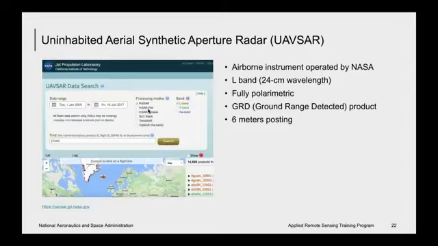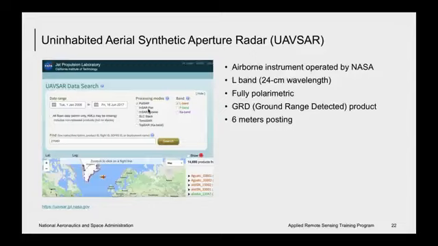It's an L-band radar, so the wavelength is bigger than Sentinel. It's fully polarimetric, so 4 polarizations. And we are using the GRD product, meaning it's geocoded. It's in WGS84 projection. And the resolution is about 6 meters.